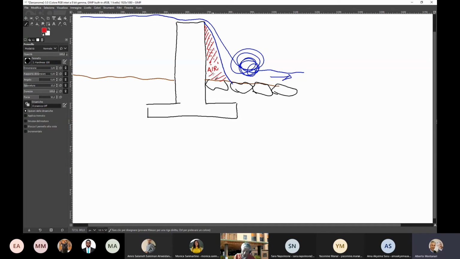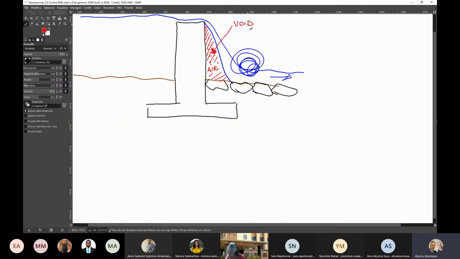If it becomes larger, there is some friction between the air and the water. And water brings air downstream. It's a kind of suction. And therefore here, instead of having air, you may get a vacuum.